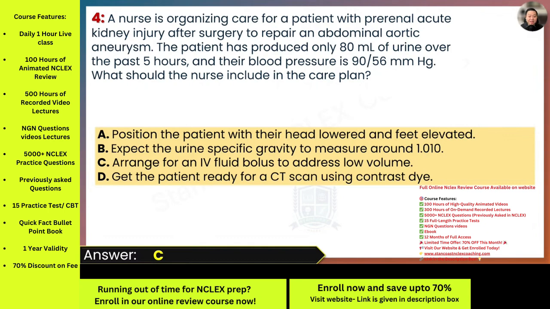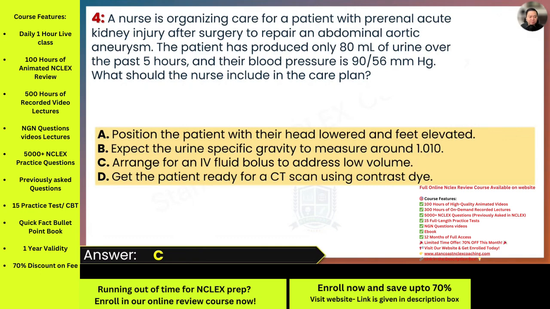The reason for that is that evidence suggests this position does not significantly improve circulation, and it may even cause complications like increased pressure on the diaphragm, especially for those patients who have existing cardiovascular or respiratory comorbidities, and so it's going to make their breathing more difficult. And so this is not our initial or best intervention.